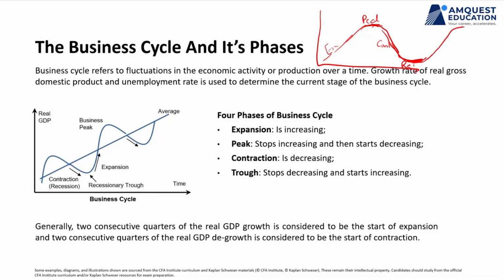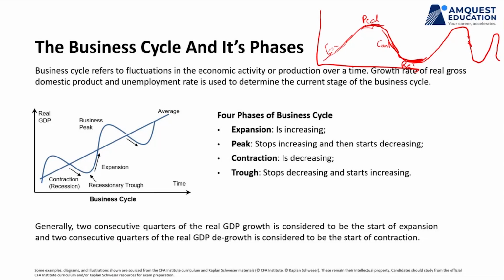Then it reaches a peak. Then it contracts. Then it reaches the trough, expands, peak, contracts, trough. So this cycle continues. Now, obviously, this cycle always continues. What is going to be tricky is how long any one part of the cycle continues. Maybe expansion could last 1 year, 2 years, maybe 5 years.